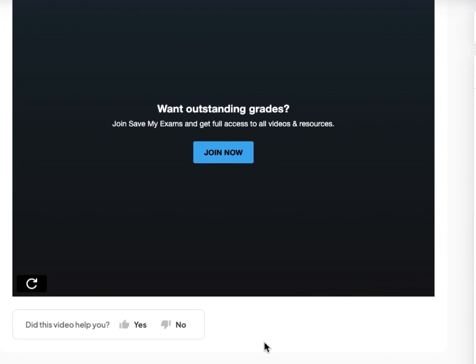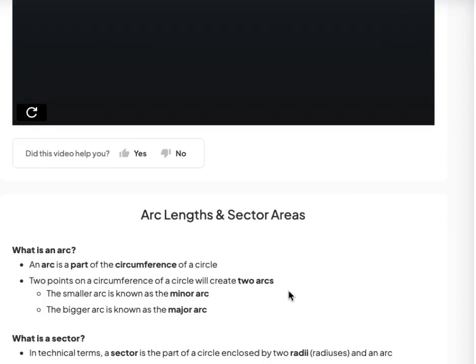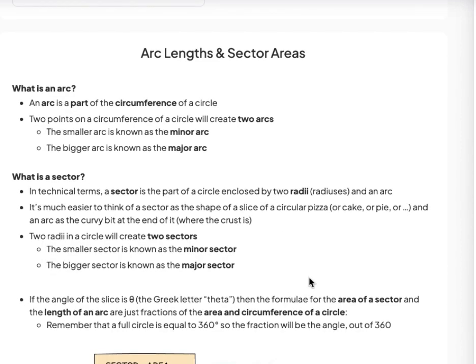So we've learned to find the area of a sector, the arc length, and we've also written down the formula.